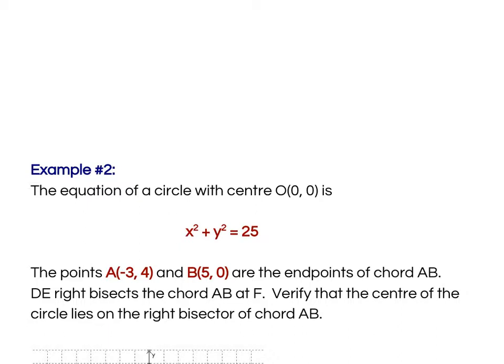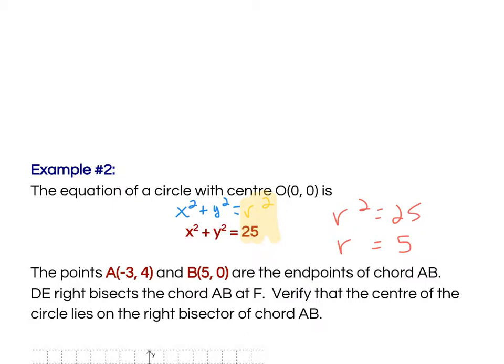Remember that the general form of any equation of a circle with its center at the origin looks like this: x squared plus y squared equals r squared, which tells me that my radius squared is 25. So if my radius squared is 25, then that means the radius of my circle is 5, right?